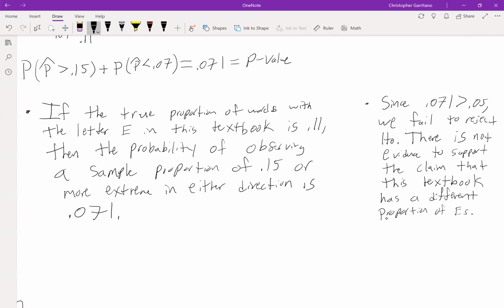All right, and there you go. So on the left side of this current screen, you see exactly how the p-value is calculated and you see its interpretation. And on the right side of the screen, you see the decision that you would make about the null hypothesis and then a statement about the alternative hypothesis within the context of this situation.